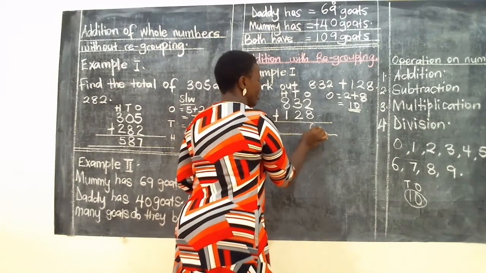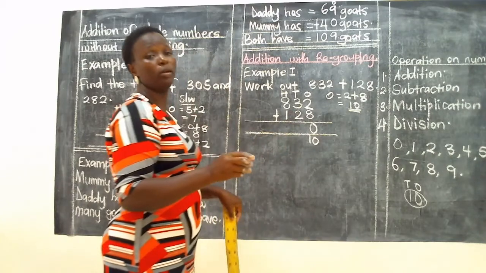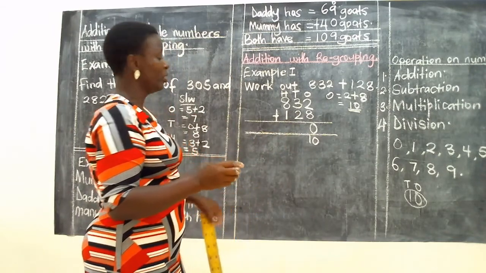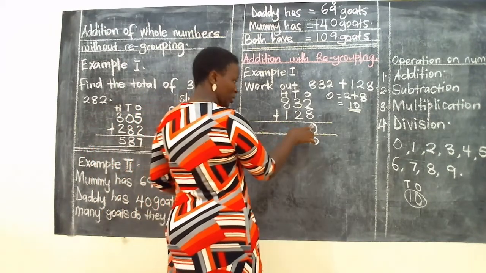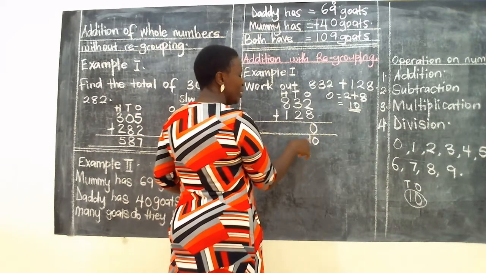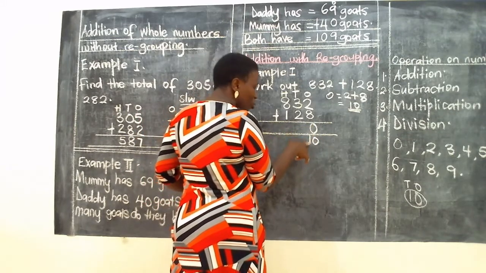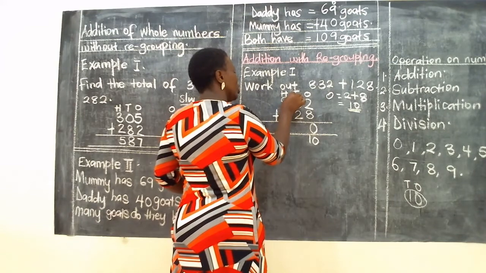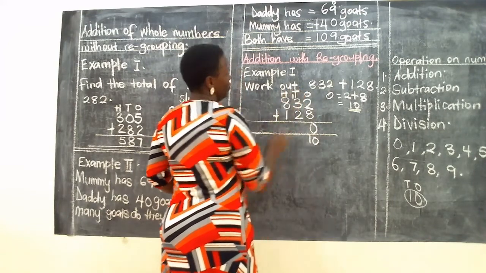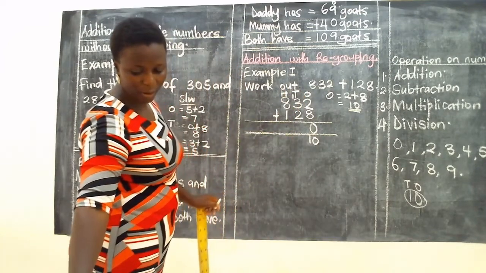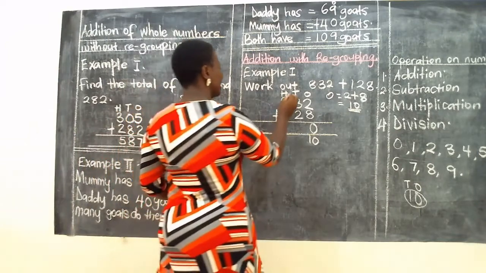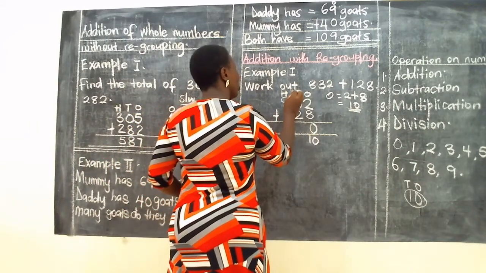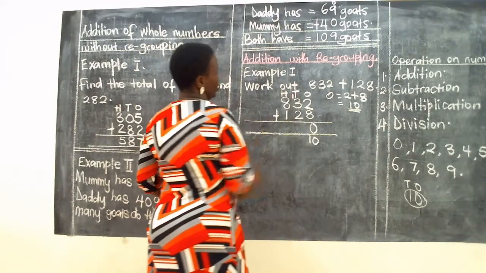That's what we shall write. And that is what we call regrouping. So we are writing the digit which is in the ones place value, and we are regrouping or taking this one to the digits which are in the tens place value, and you write it there. In fact, you are supposed to write it there in a pencil or in a different color so that you don't forget it.